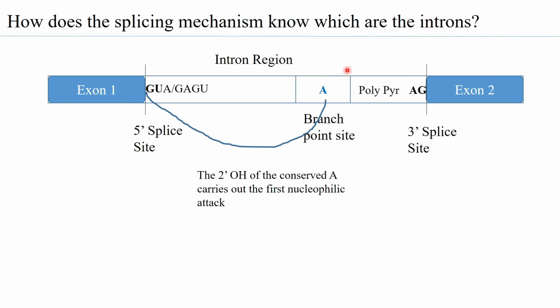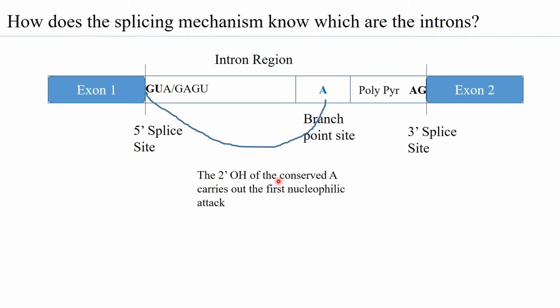That 2' OH will act as a nucleophile to carry out the first nucleophilic attack. So the 2' OH will cut at the border of the exon 1 and the G of the intron to carry out the first reaction of splicing, which is called the first transesterification reaction.